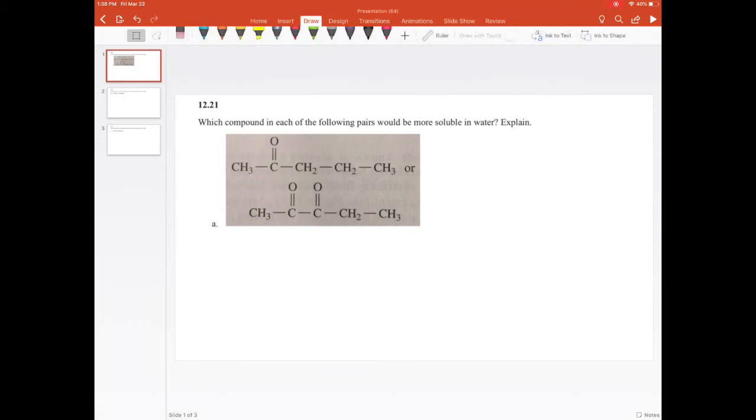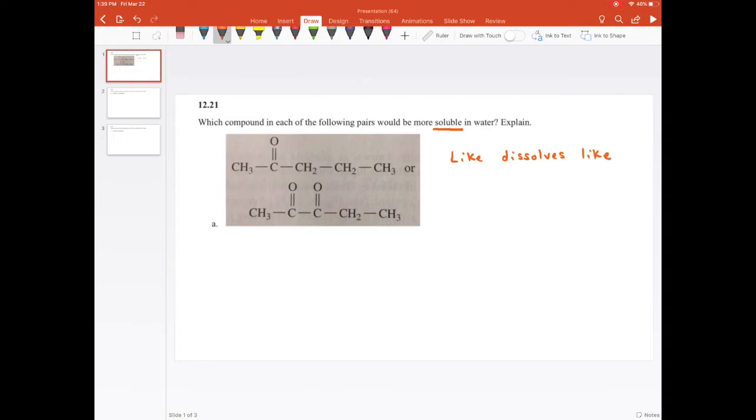So chapter 12, exercise 9 gives you a couple different compounds, and it asks you which one is more soluble in water. Now, one thing you really want to know, that you want to take with you through life, is that the rule for solubility is like dissolves like.